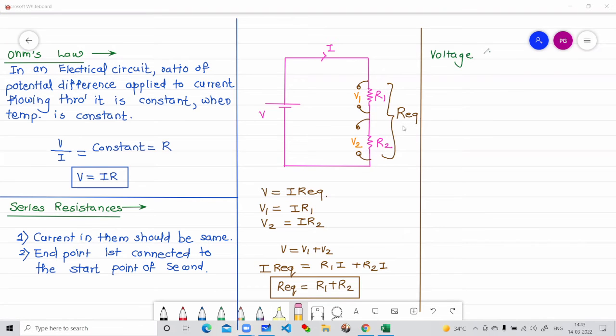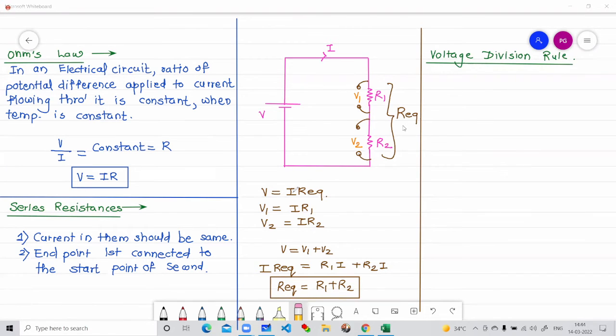And let us think of this circuit only. Instead of making it complicated, first we'll talk about only two resistances connected in series, and we'll talk about only V1, let us say. What will be the value of V1 in terms of the voltage applied and the resistances? We know the current is going to be the same.